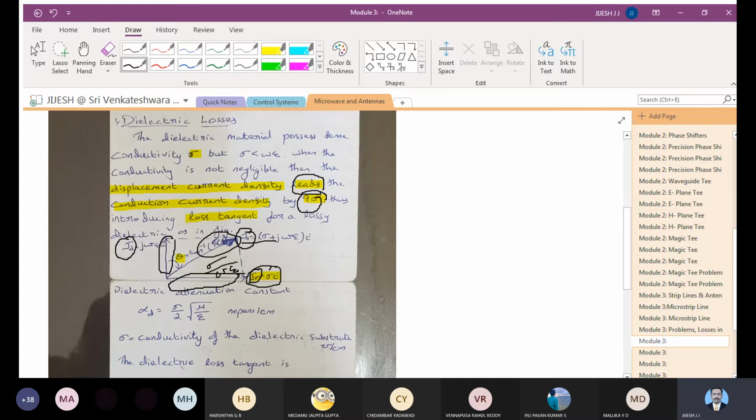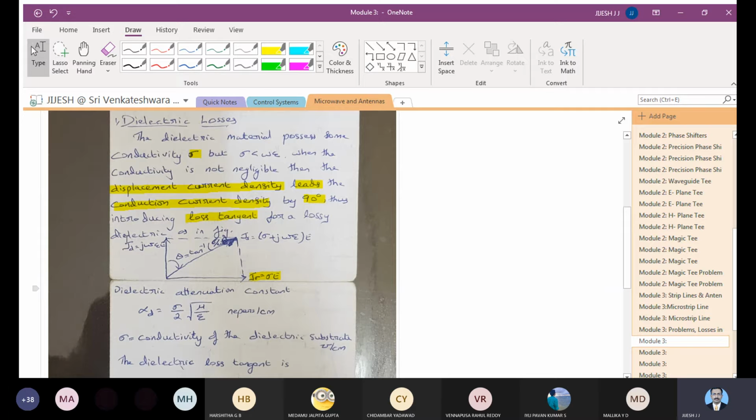These are the components available here. What you have to understand is that the displacement current density is going to lead the conductor current density by 90 degrees.